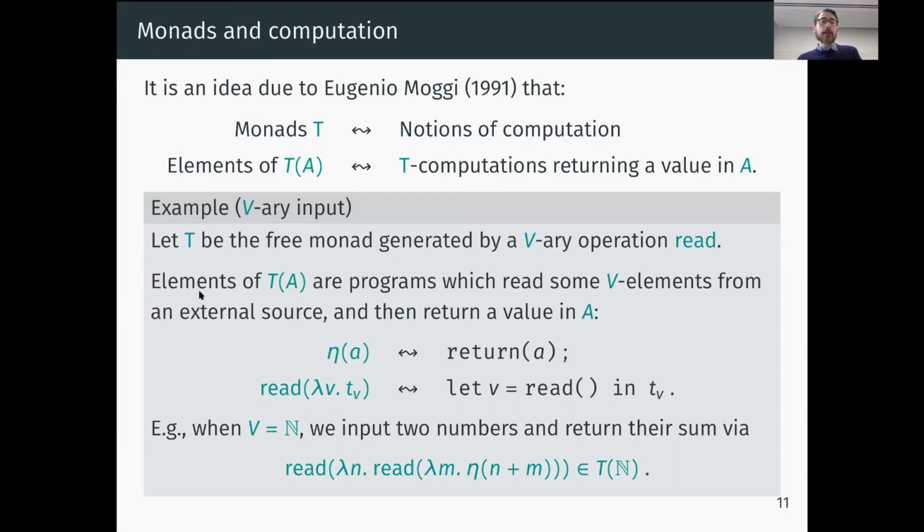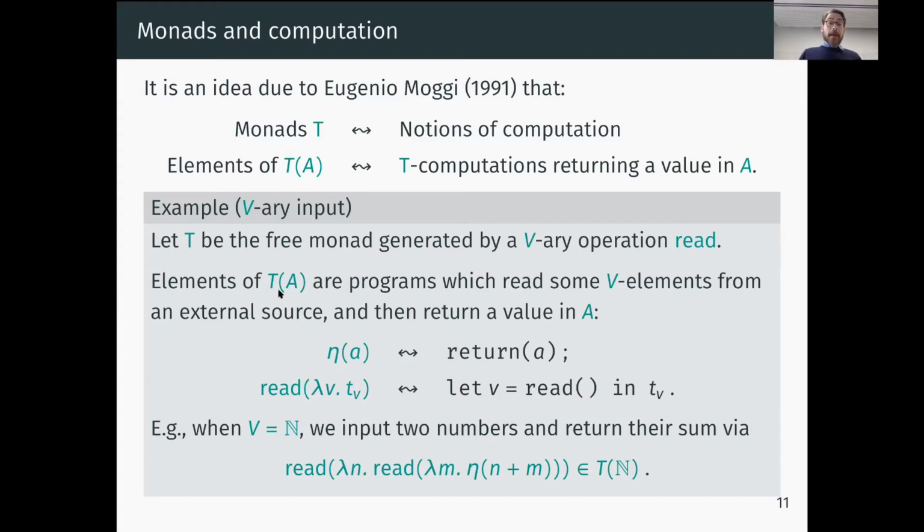Okay, all right, so I take this monad, so an element of T(A) is supposed to be some kind of computation returning a value in A. And the kind of computation it is one in which I can request at any point during the computation a new value from V from the external environment. Okay? So it's a program which reads some V elements from an external environment and then returns a value in A.